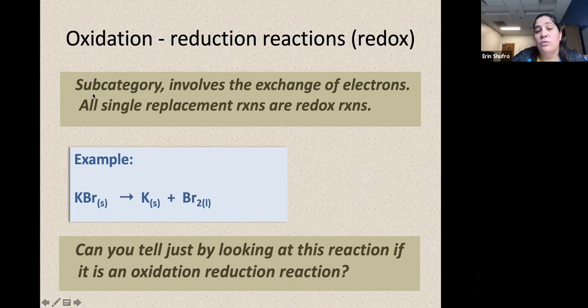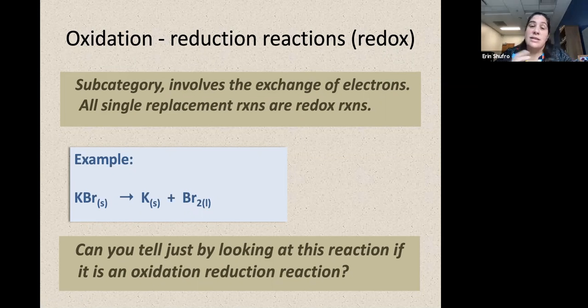All single replacement reactions are redox reactions. If it's something else, you cannot tell immediately just by looking at it. Instead, you're going to have to understand the rules and how to determine something called the oxidation state of the elements present.